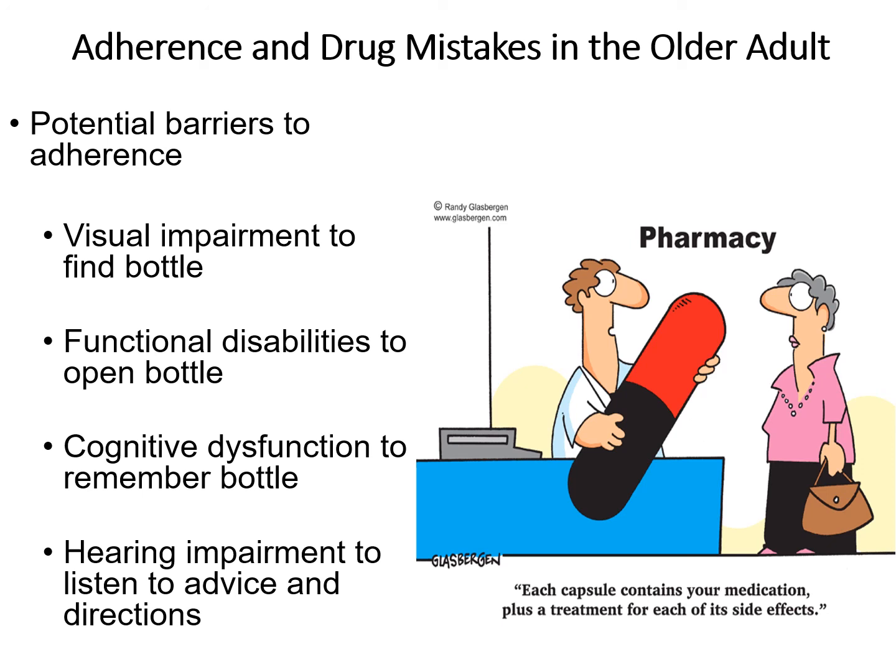So if you have Alzheimer's disease or some form of dementia, you may not even remember that you're taking a medication, let alone how many you're taking. And then, of course, hearing impairments initially upon getting advice from the hospital, from the healthcare provider, from the nurse in terms of the directions on taking the pills.